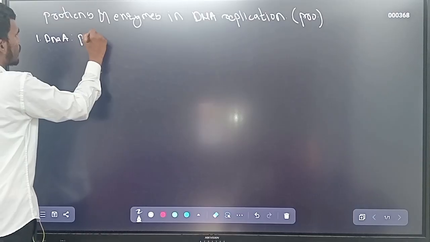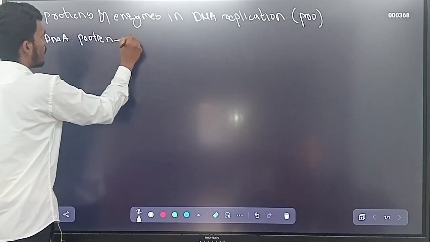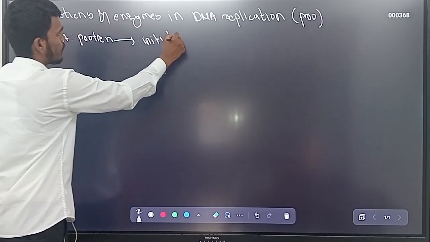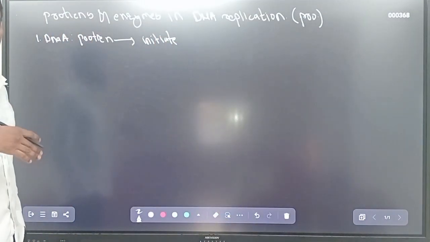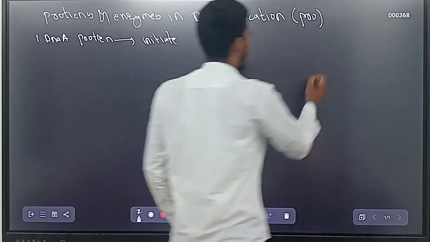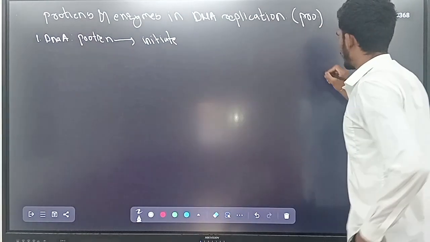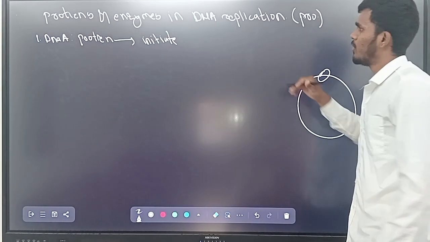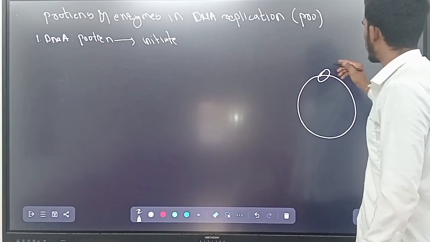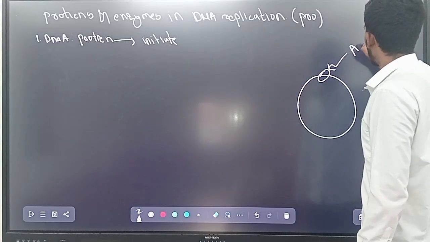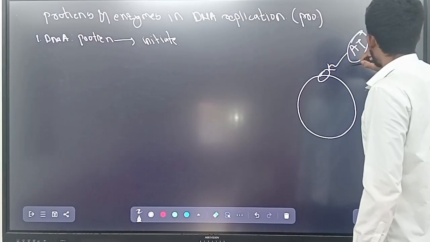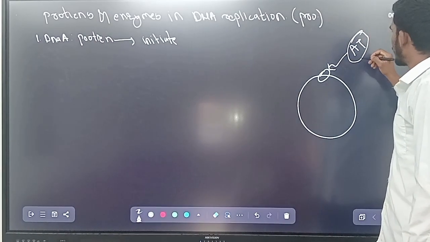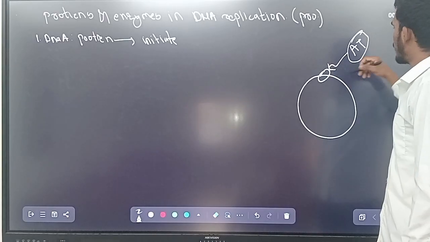So now I will list all the enzymes and proteins which take part in the replication, and then I will give you the mechanistic procedure of how this replication process goes on. Proteins and enzymes in DNA replication.